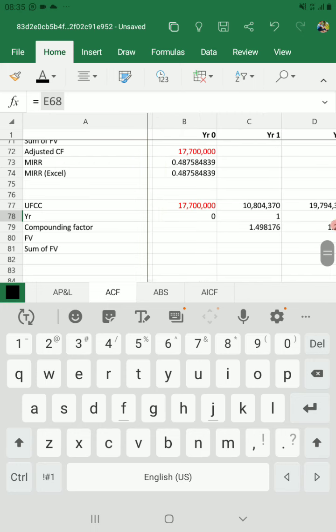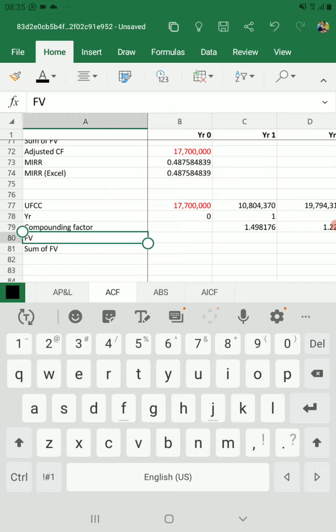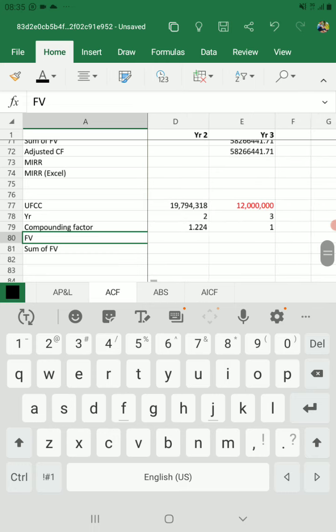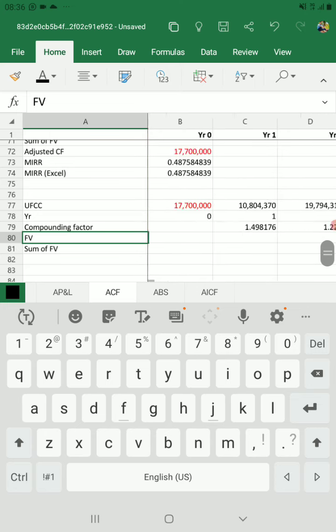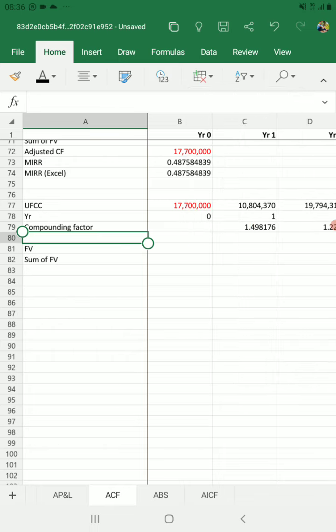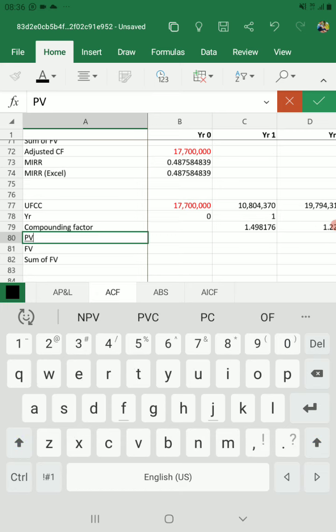Okay, so now we need to establish, let me insert a row there, insert row, and here we compute present value, okay, of future cash flow.